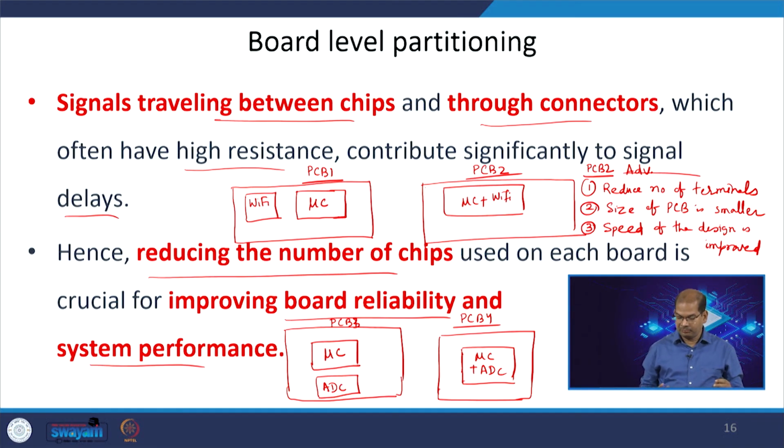For example, whenever a high resolution ADC is needed, PCB 3 is better, because normally a microcontroller with ADC always uses a low resolution ADC, like a 12-bit ADC.